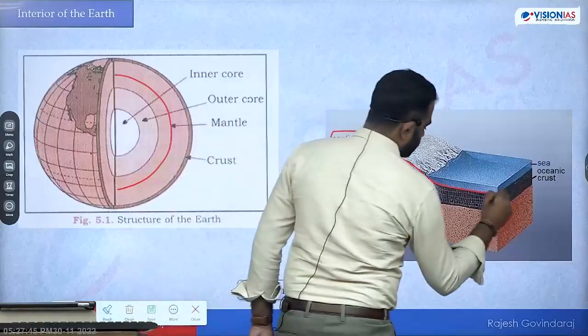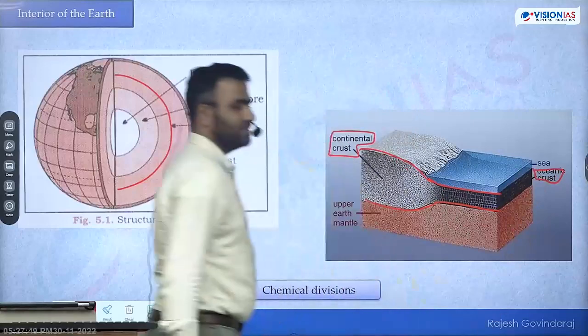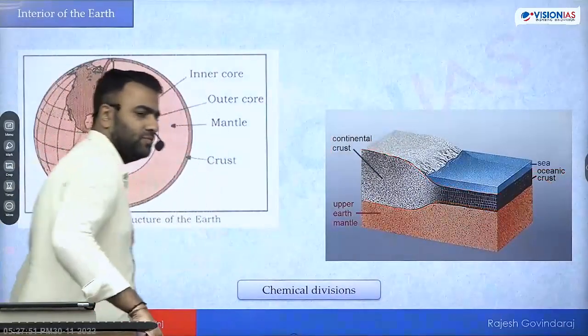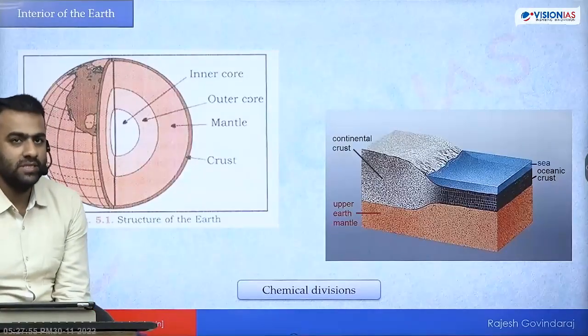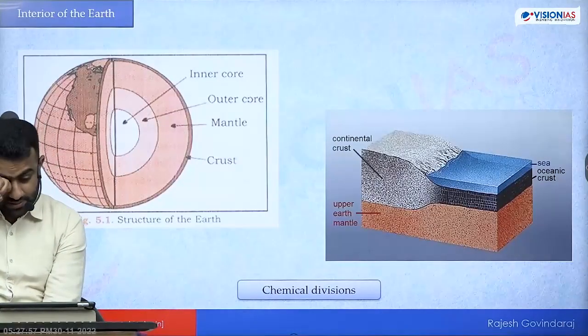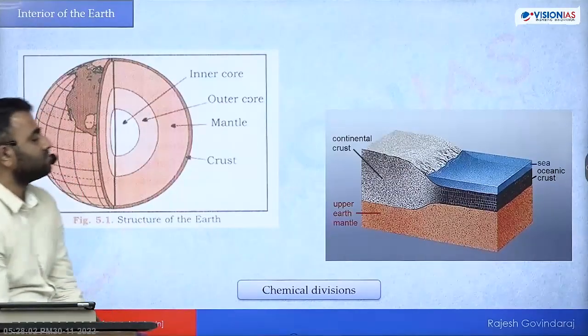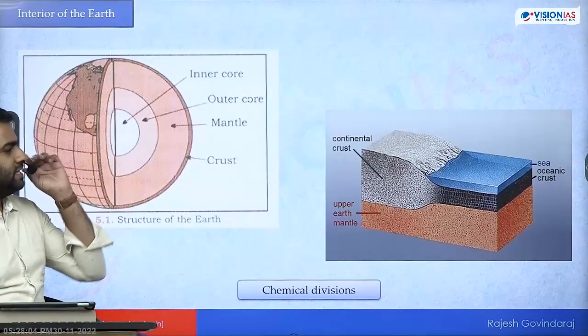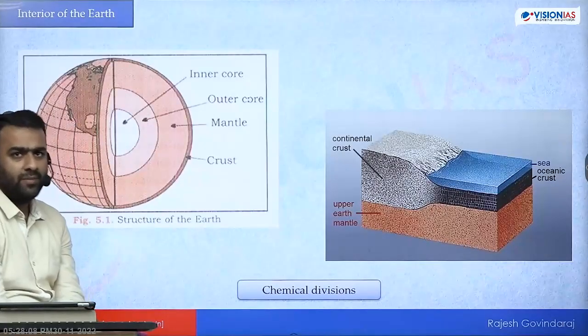In other parts it is thin, which is called oceanic crust. उसके ऊपर पानी रहेगा, उसी को ही सी बोलते हैं या ओशन बोलते हैं. ठीक है? These are the chemical layers. Chemically we have divided like this. The divisions are majorly dominated by the material.